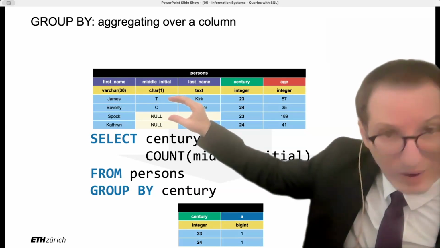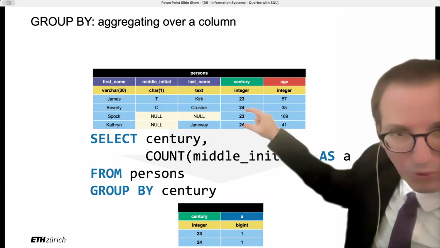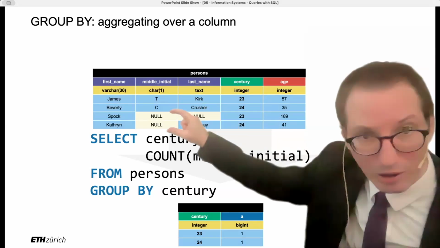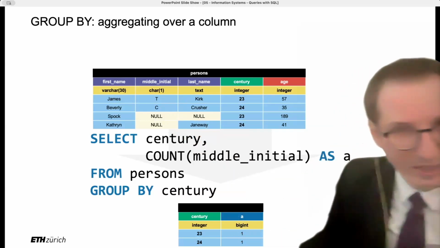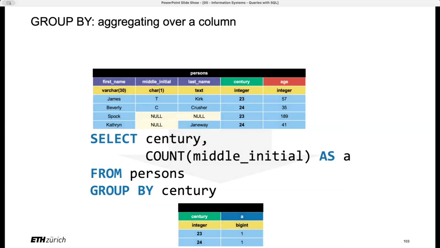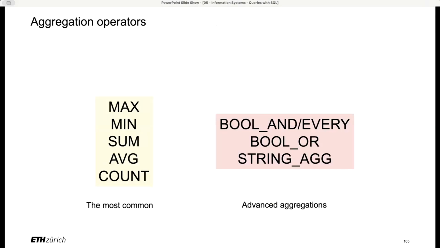How many records with a non-null value? Only 1. And here 24, how many records with a non-null value for middle initial? Only 1. So I have 1 and 1 here. With count star, I would have had 2 and 2. Okay? So that's the difference. Count star would be 2 and 2.